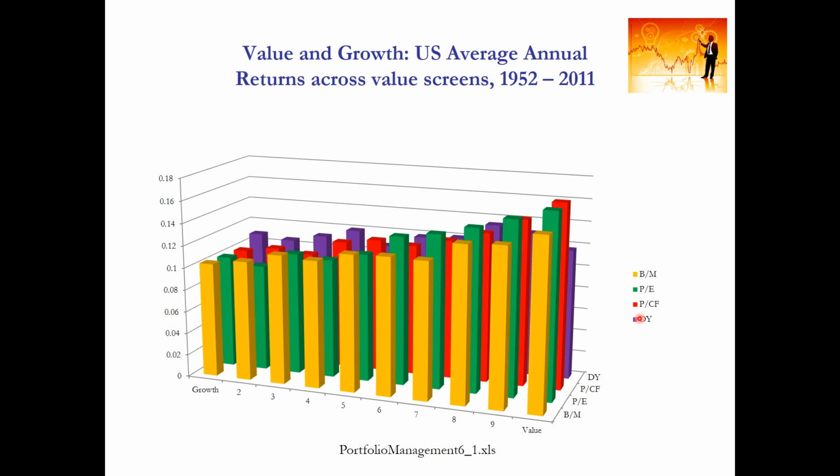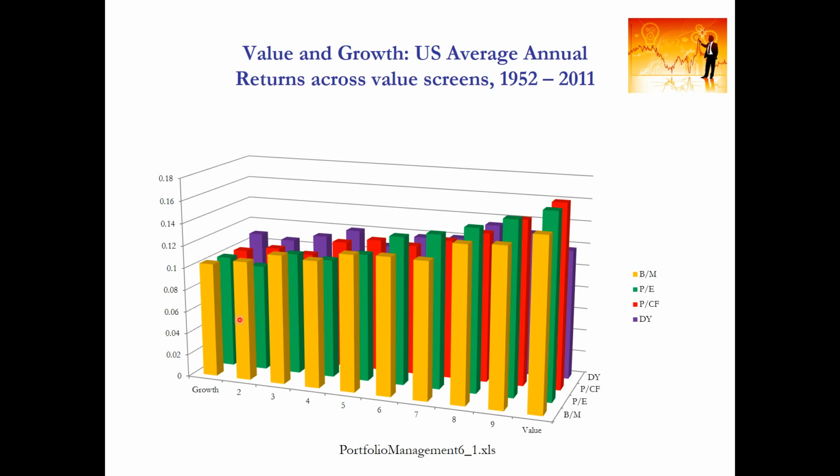So let's say we are in 2018, I ranked all the stocks on the basis of these four value screens as they were in 2017. Then I divided them into 10 deciles and held the portfolio for the next 1 year, and then continued to rebalance this portfolio on a yearly basis.